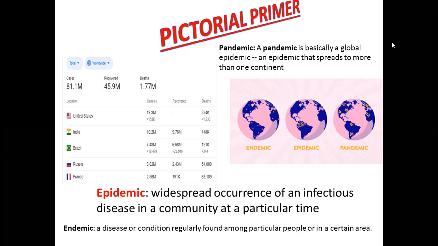Epidemic, you can say, is country-wise, and endemic means a particular section, particular people who are generally suffering with that disease. So in the picture you can see the globe, first one is endemic, where highlighted spots mean a particular section in that community is affected.